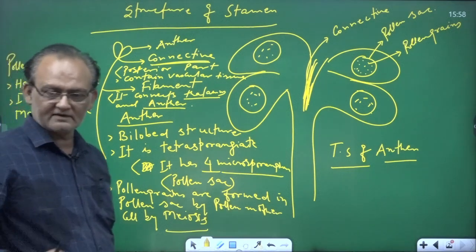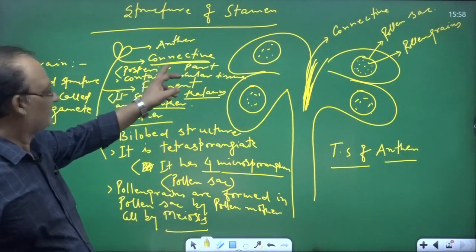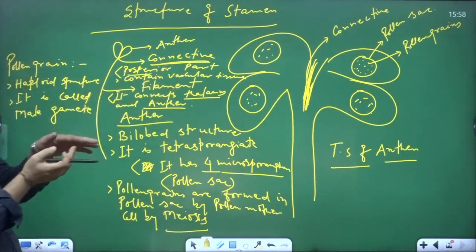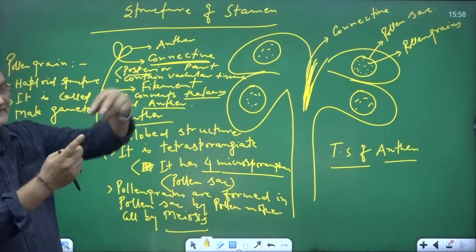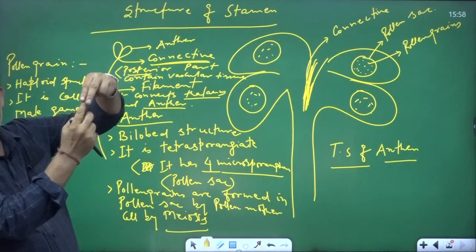Over. Clear? Any doubt? The connective is present at the posterior part, meaning the lower part is called the posterior part. Suppose there are two, this is present on this side.